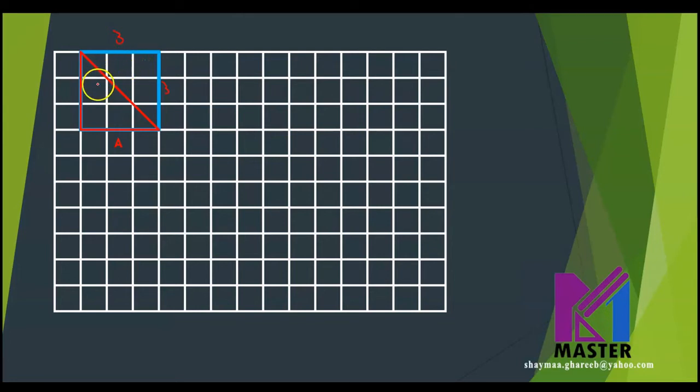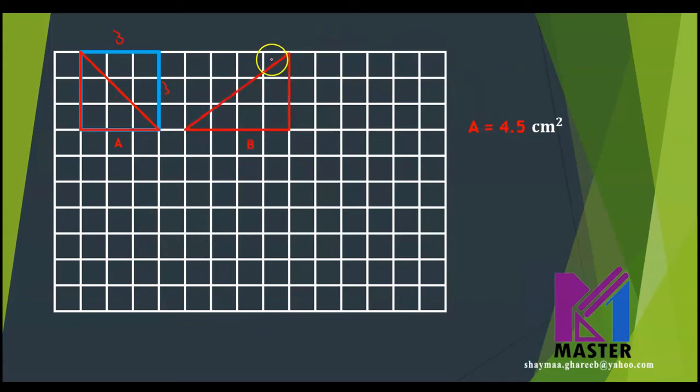So the area of this triangle is half 9. What is half 9? Half 9 is 4.5 centimeter squared.